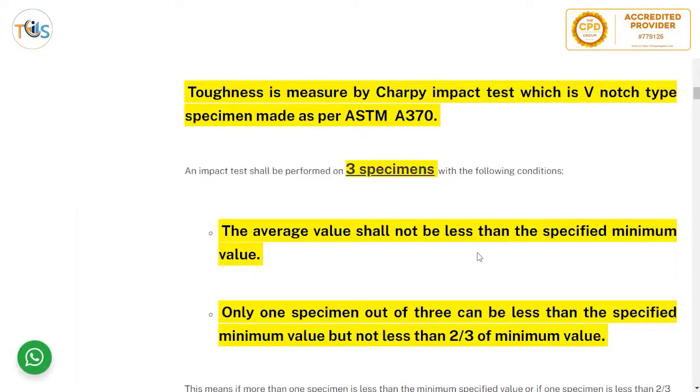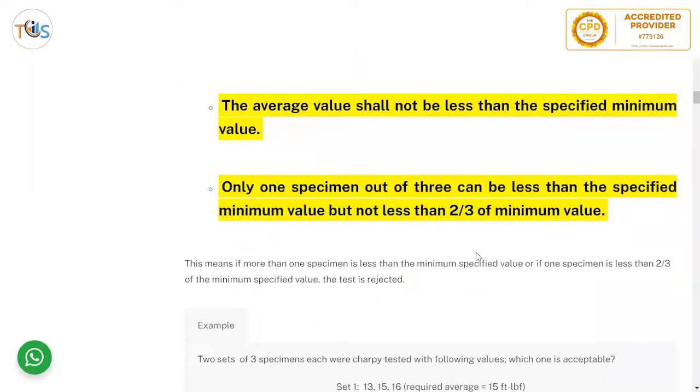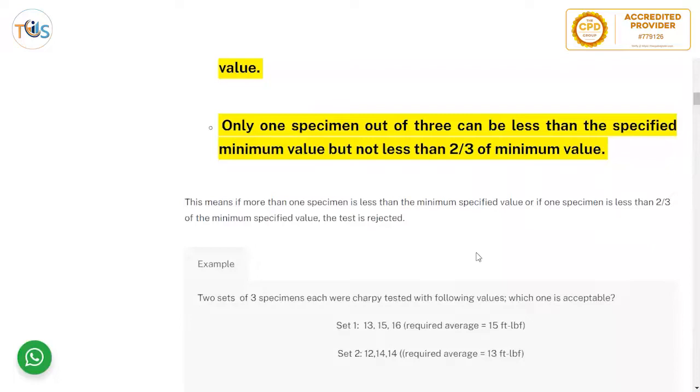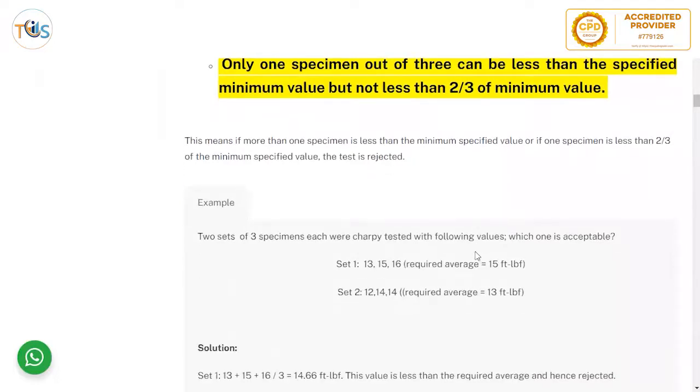The average value shall not be less than the specified minimum value. Only 1 specimen out of 3 can be less than the specified minimum value, but not less than 2/3 of the minimum value. This means if more than 1 specimen is less than the minimum specified value, or if 1 specimen is less than 2/3 of the minimum specified value, the test is rejected and needs to be done again.